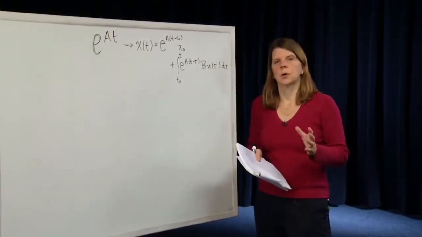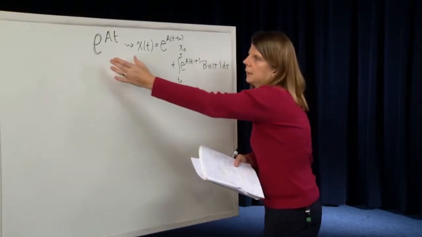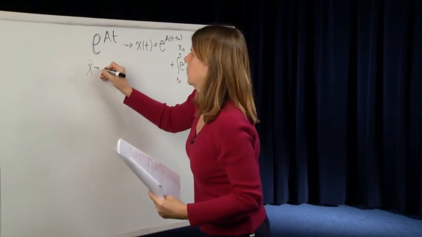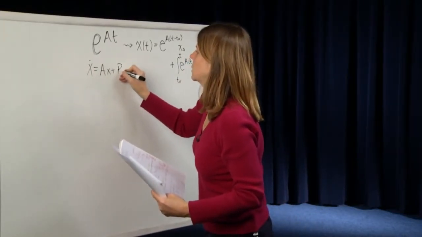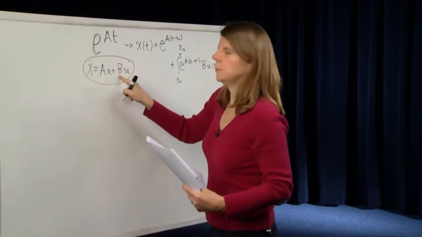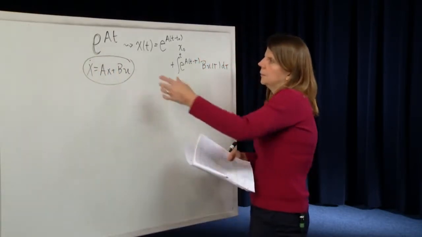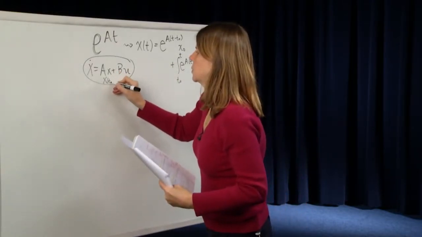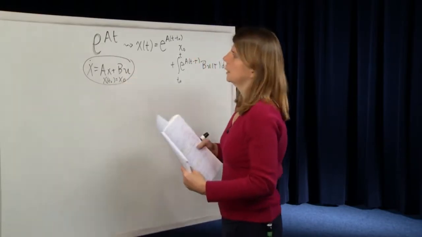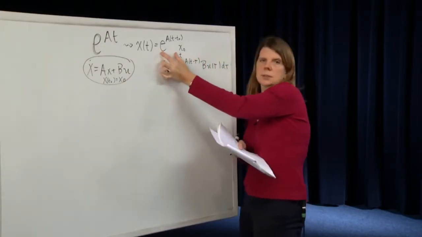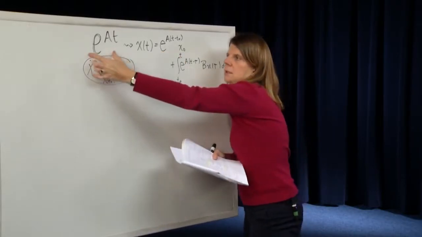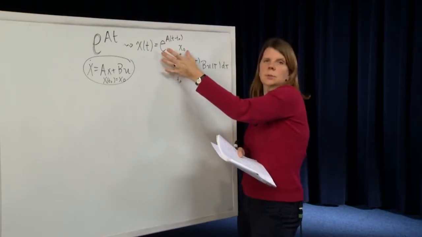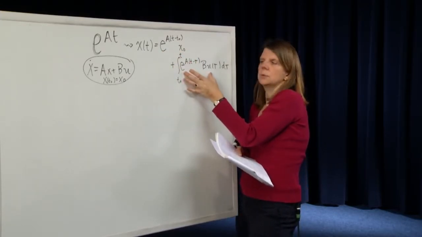I just took our general form of a linear time-varying solution, and given that in the time-invariant case the matrices A and B do not depend on time, the solution to that differential equation, when you start at some initial condition x0, is given in terms of the state transition matrix, which in the time-invariant case is the matrix exponential, times the initial state: a contribution from the initial state plus a contribution from the input.